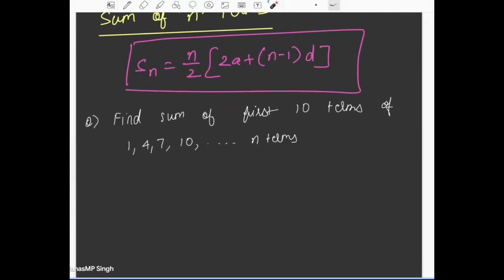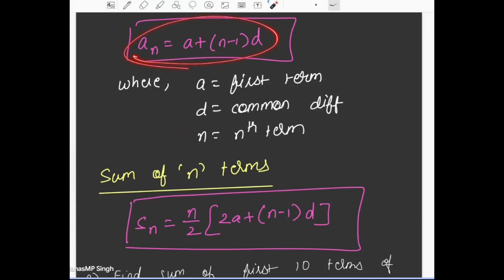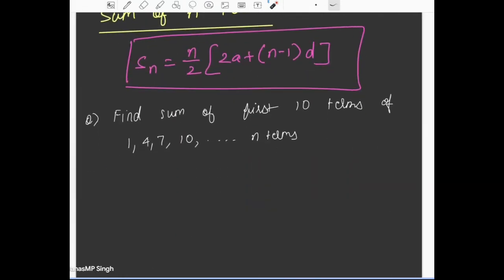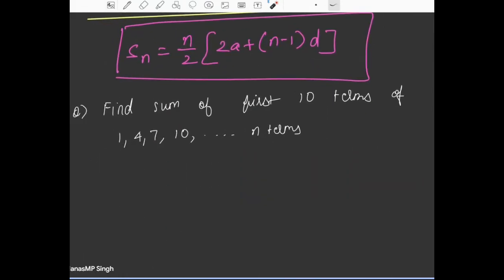First, let's see how to find the nth term. If someone says, find me the 50th term. So there are two questions. Question 1A: find the sum of the first 10 terms. And 1B: find the 50th term in this sequence. This is our sequence.